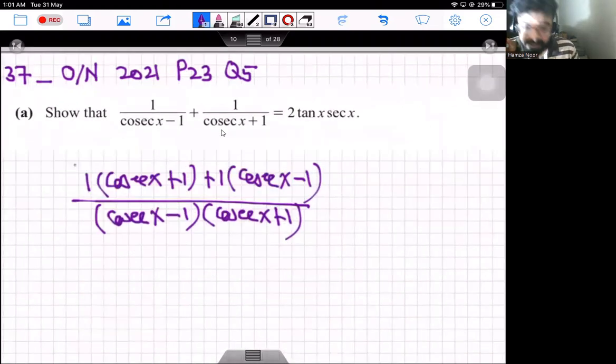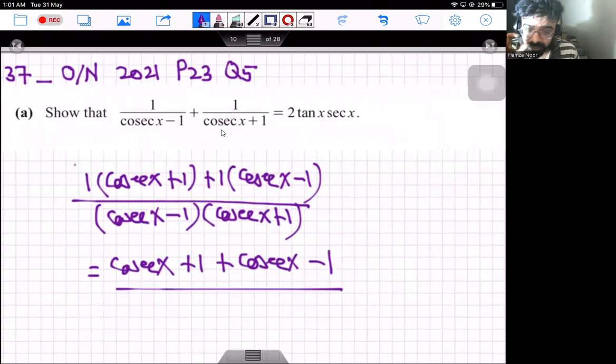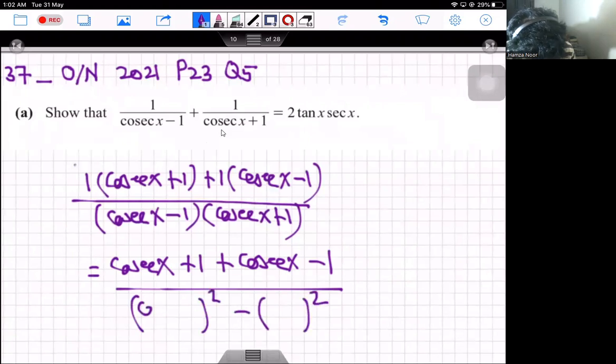Now, in the numerator, we can write cosec x plus 1 plus cosec x minus 1. And the denominator is in the form of a minus b multiplied by a plus b. It is a factorized form, so it can be expanded into a square minus b square, where a would be cosec x and b would be 1.